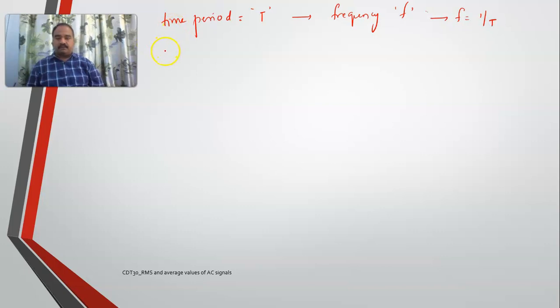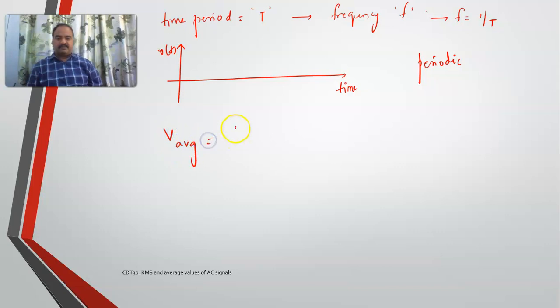The signal is given in this format. The pattern of the signal is given, and I'll assume that it is periodic in nature, having a repetitive pattern. In that case, the average value is determined using the formula 1 by T integral 0 to T f of t dt.